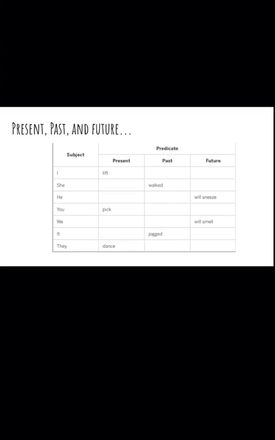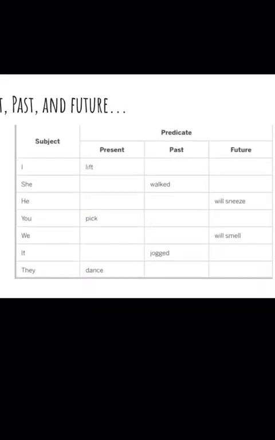This brings me to our present, past, and future slide. Now, you want to come up with words that are either present, past, or future.